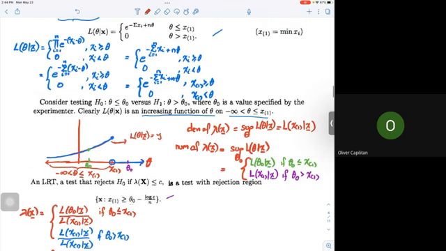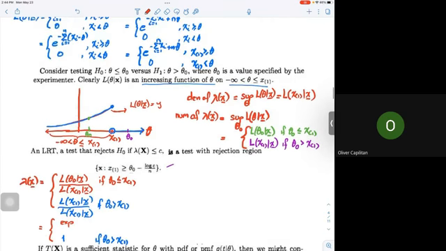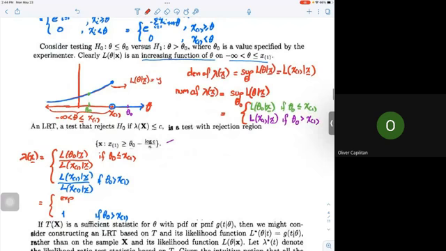Ano yung exponential natin sa itaas? EXP na lang, no? The exponential of the negative n... Okay, so we have here the negative summation of x sub i plus n theta sub 0.